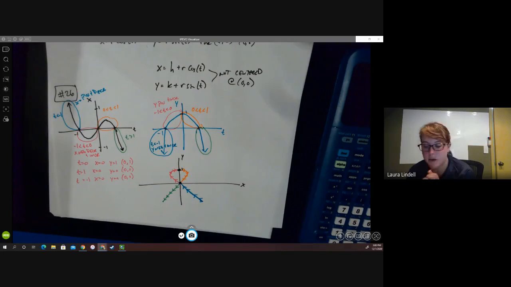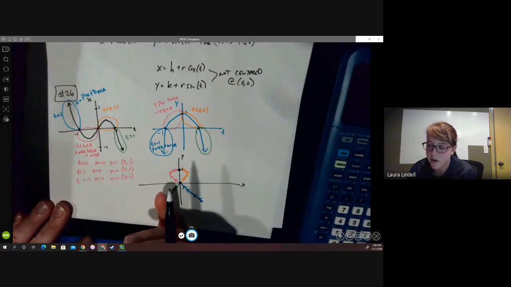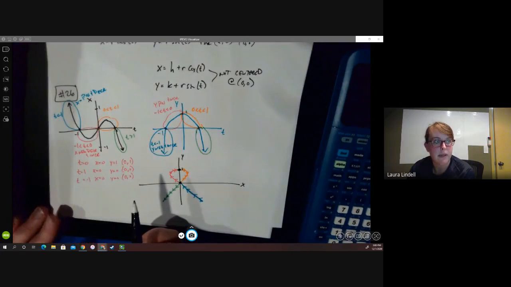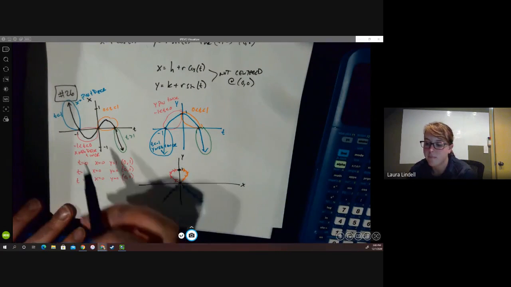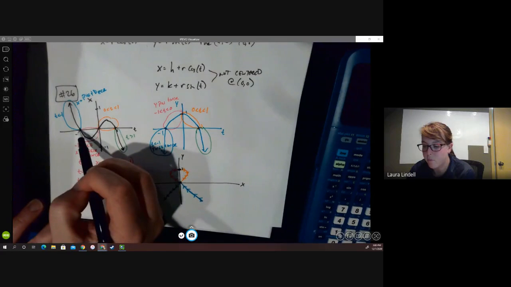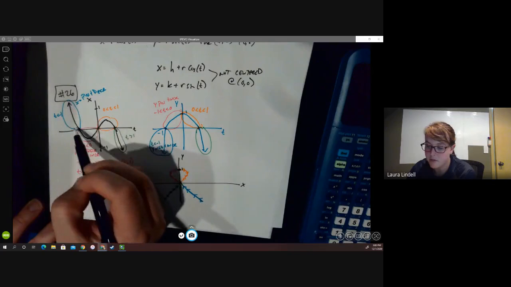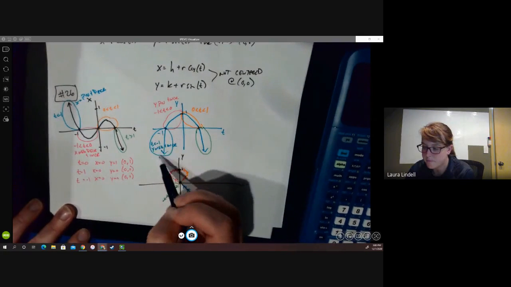So now we want to start kind of just looking at the graph of x from left to right, looking at the graph of y from left to right, and figuring out from that behavior what's going on with our coordinates. So starting off when time is less than -1. So that would be this branch of the graph for x and this branch of the graph for y.